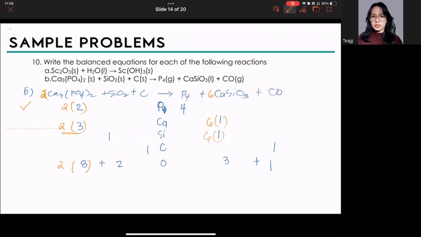So nadama yung ibang nasa compound. And now, 1 times 6 yung silicon natin, we have to multiply this by 6 as well. So we have 6 SiO2, and then ito din, 6. Right? Okay. Now let's look at our oxygen. Sa oxygen natin, we have, that's 16, and this is 12. Right? And then here you have 9 plus 1.